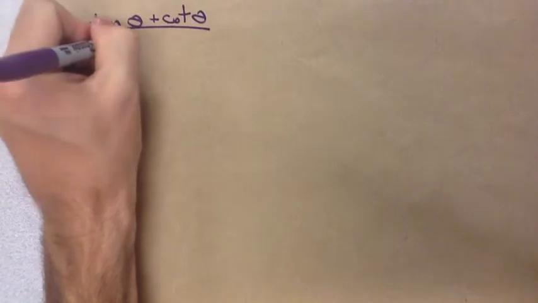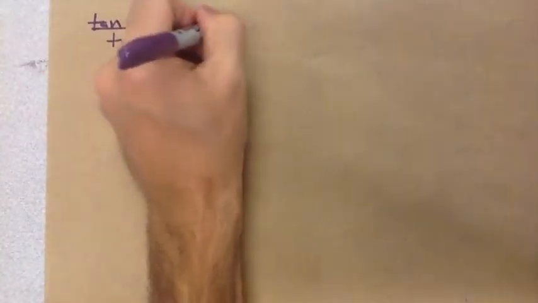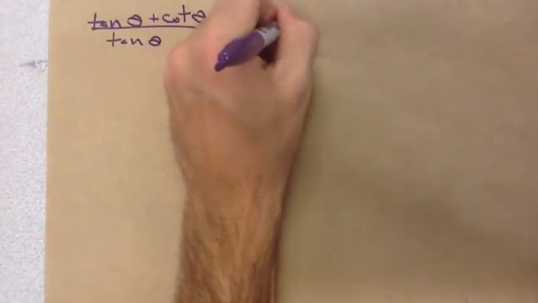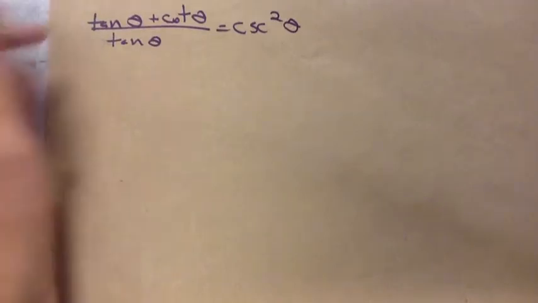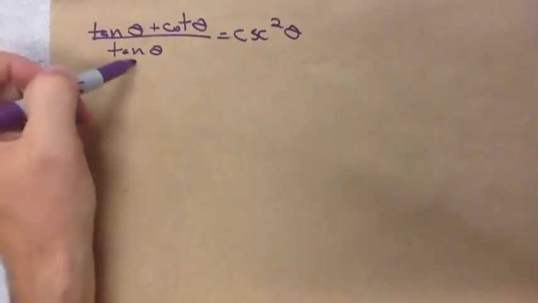Last one we'll look at here is tangent theta plus cotangent theta over tangent theta equals cosecant squared theta. Now, I see a fraction here. I'm going to break it into two fractions because I have a denominator.